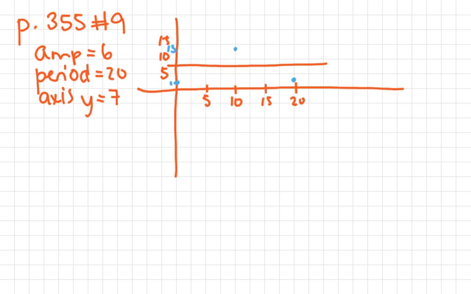And then halfway between 0 and 10, I would hit the axis. And halfway between 10 and 20, I would also hit the axis. So now I'm going to connect those lines using a smooth curve. And that is now graphed.